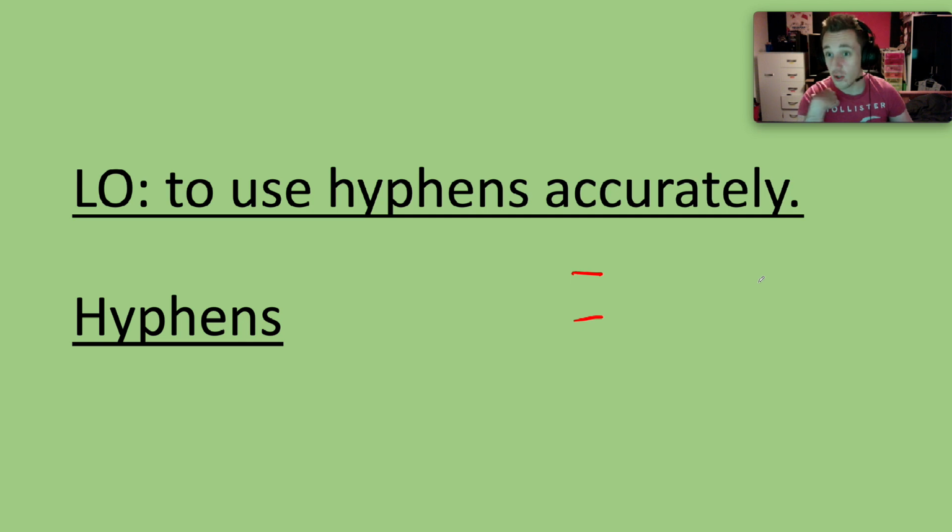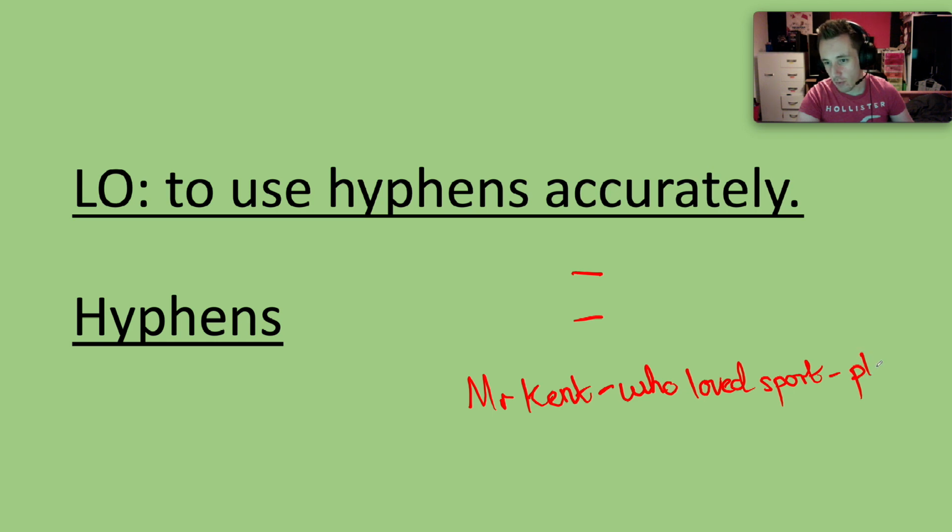So we've used dashes this week when we looked at parenthesis. So if, for example, I had a sentence like Mr. Kent - who loved sport - played, I don't know, basketball.